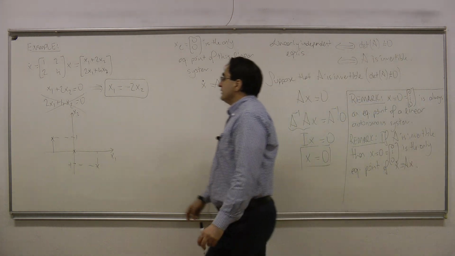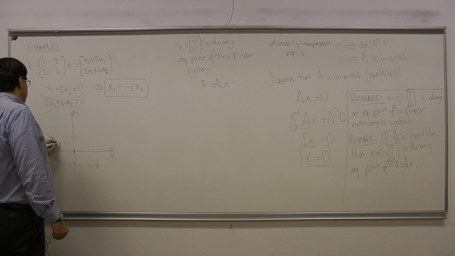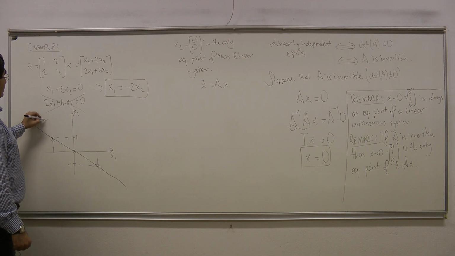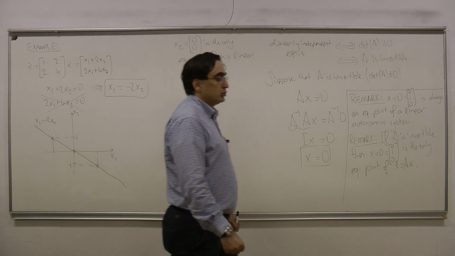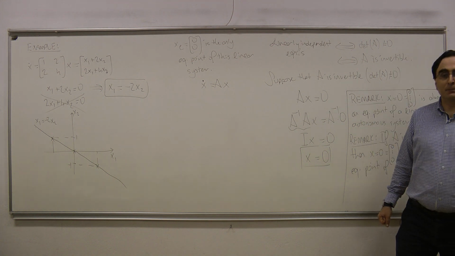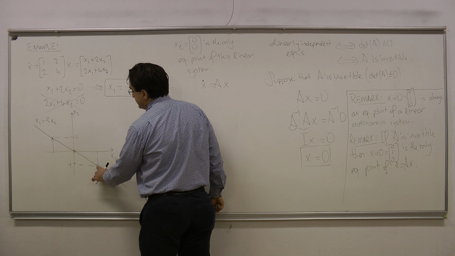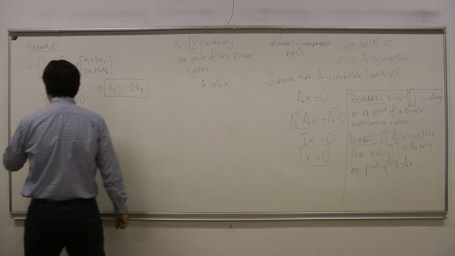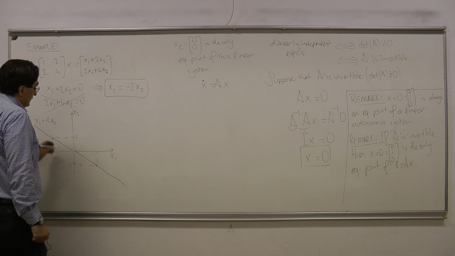And actually if I connect these dots via this line, this is the line x1 equals minus 2x2. Any point on this line is going to be an equilibrium point of this linear system. So really I do not need these specific points here. All equilibrium points would be living on this line.